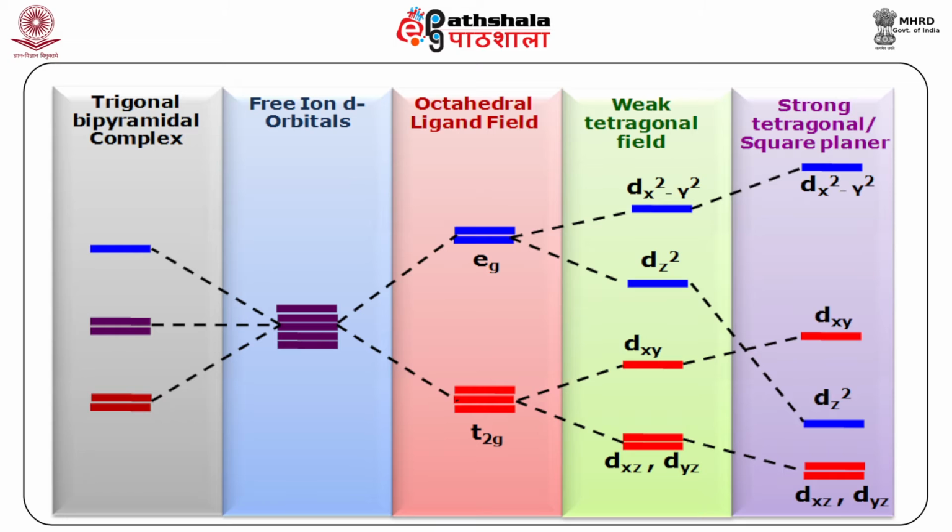For strong fields, on the other hand, for which the energy separation delta of the Eg and T2g sets of orbitals exceeds the electron pairing energy, the more stable configuration for d4, d5, d6 and d7 systems will be one in which the T2g level is completely filled before any occupation of the higher energy Eg level occurs.